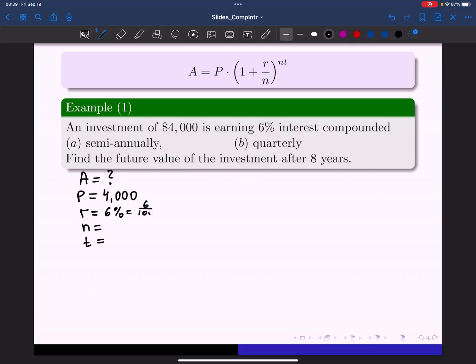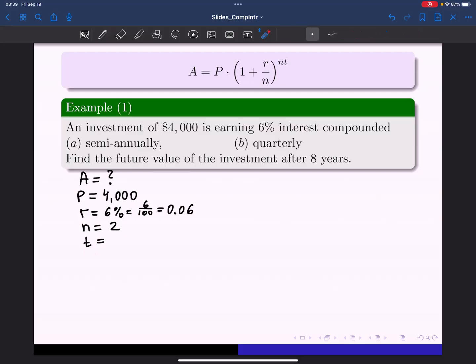We divide 6 by 100, because percent means out of 100, which is 0.06. Now N is how many times per year? Semi-annually means twice per year, so N is 2.